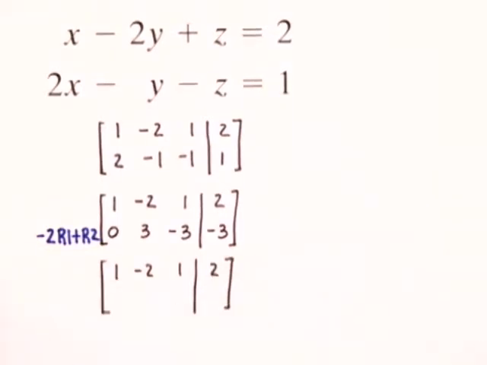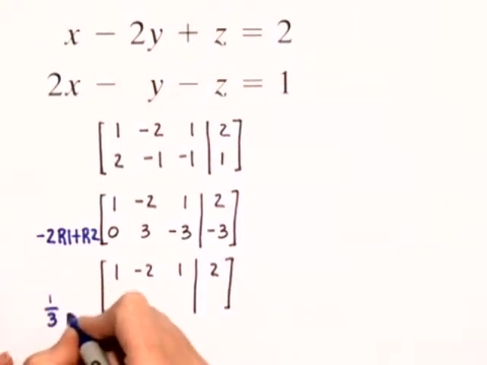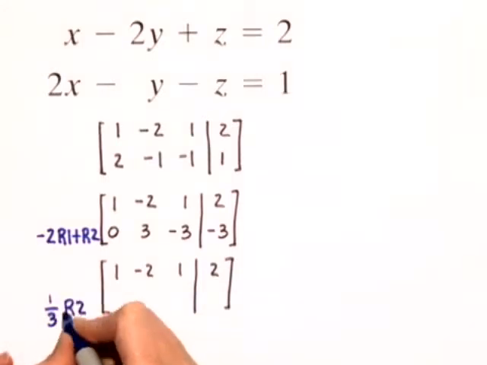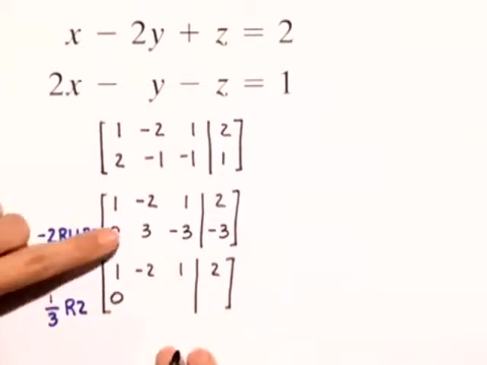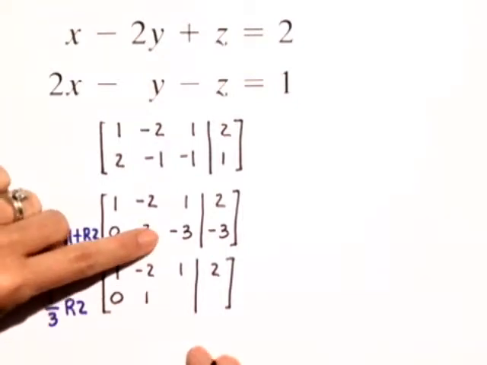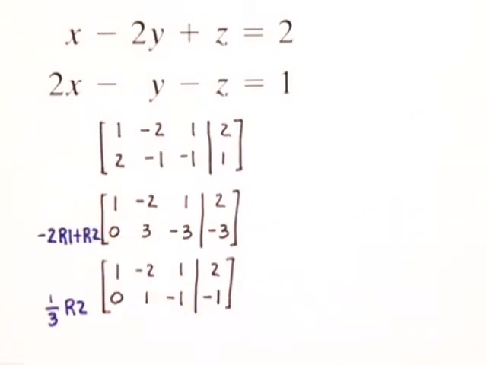I'm going to write down the elementary row operation that I'm performing outside of row 2. I'm taking each element in row 2 and multiplying it by 1/3. So 1/3 times 0 is still 0. 1/3 times 3 is 1. 1/3 times -3 is -1. And again, 1/3 times -3 is -1.